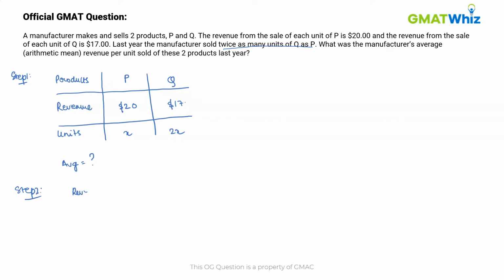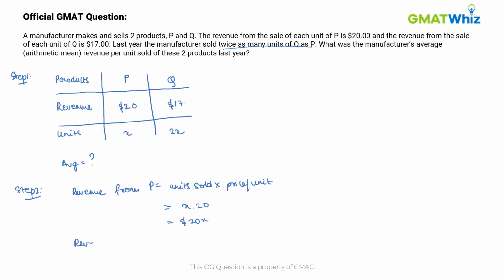So the total revenue from P will be equal to the units sold times the price per unit. Now this is equal to x times 20, which is equal to 20x dollars.